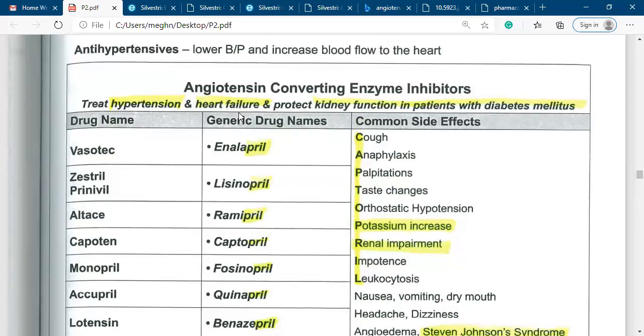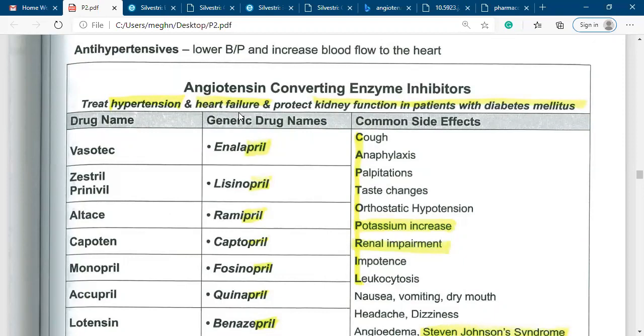But something is important here. We should know the angiotensin converting enzyme inhibitor, and I said angiotensin receptor blocker, another group of antihypertensive, is shortly called ARB.